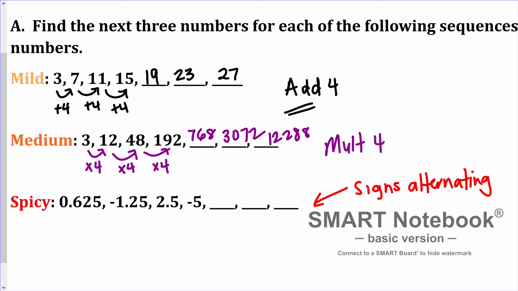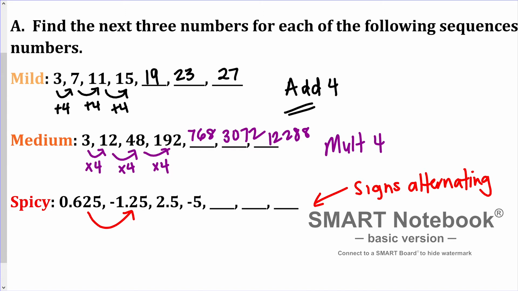So let's see. I've got 0.625. I go to 1.25. Now, ignoring the sign, 1.25 is bigger. So let's see what it might be multiplying by. Maybe by 2. So 0.625 times 2 is 1.25.